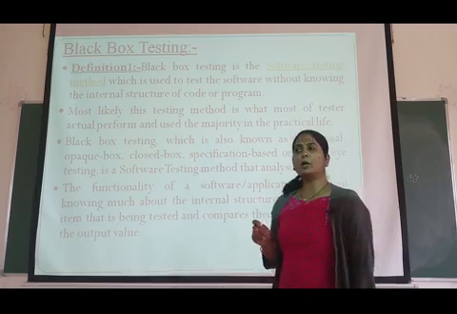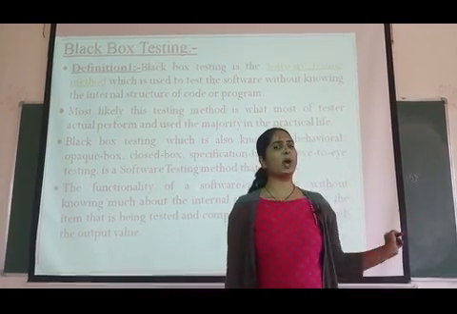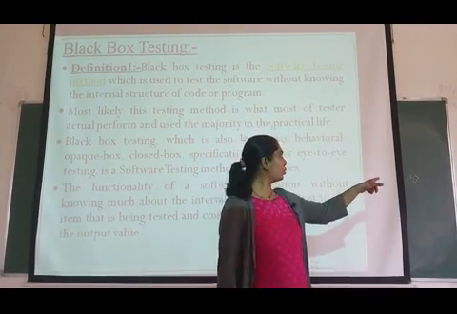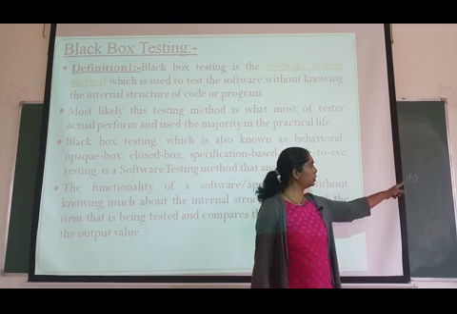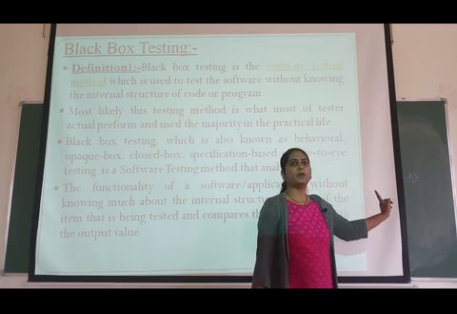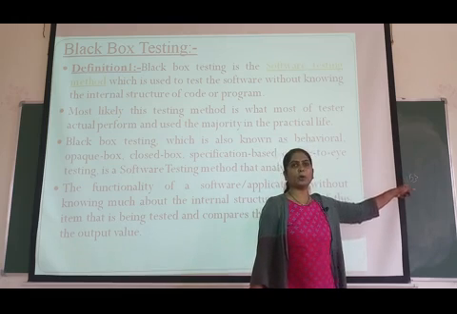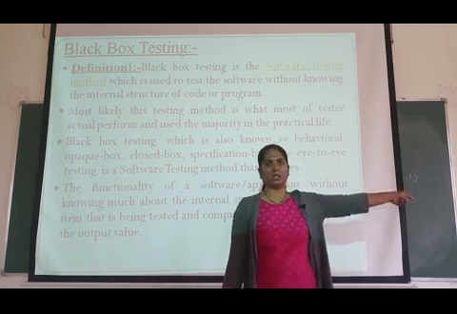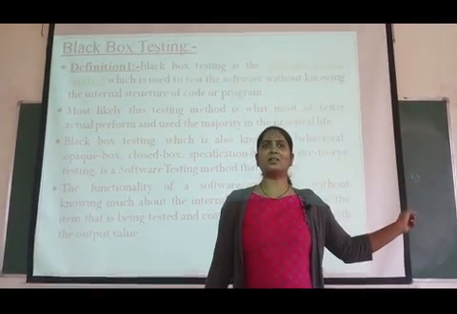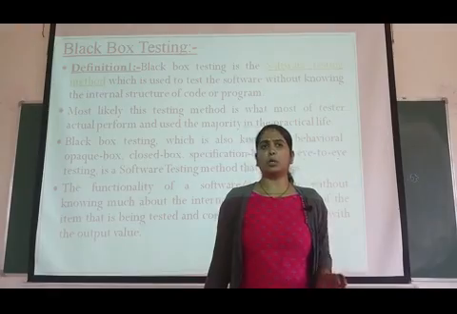When we perform the cube summation of its digits, we get the same number. Why? Because the cube of 1 is 1, cube of 5 is 125, and cube of 3 is 27. When we add 1 plus 125 plus 27, we get 153. That is the expected result. That is an Armstrong number.